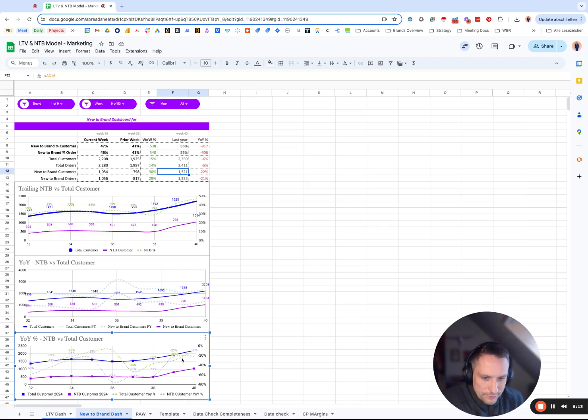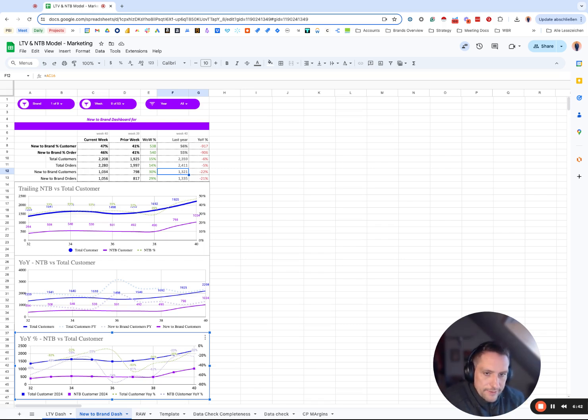So for all the last weeks, our total customers and our new to brand customers have been below zero compared to the same week last year. You can also see it's basically what these total numbers translate into as a percentage. So my blue line is always below the dotted blue line here, and that's kind of what we see here in this green line with the below 0%.